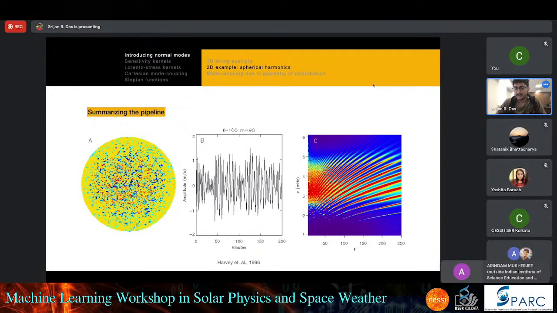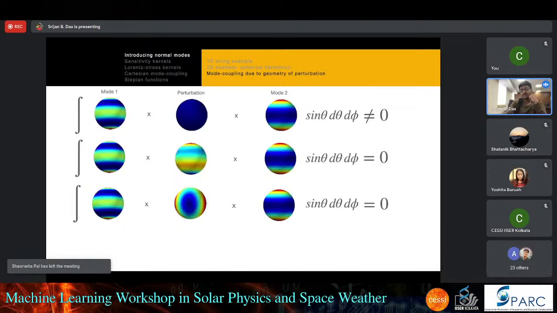Okay, so after having introduced how the basis functions look, let's move on to the very important concept of mode coupling. If you think about two modes as, one being an incident wave and one being a scattered wave, these modes are coupled by perturbations that exist in the sun.